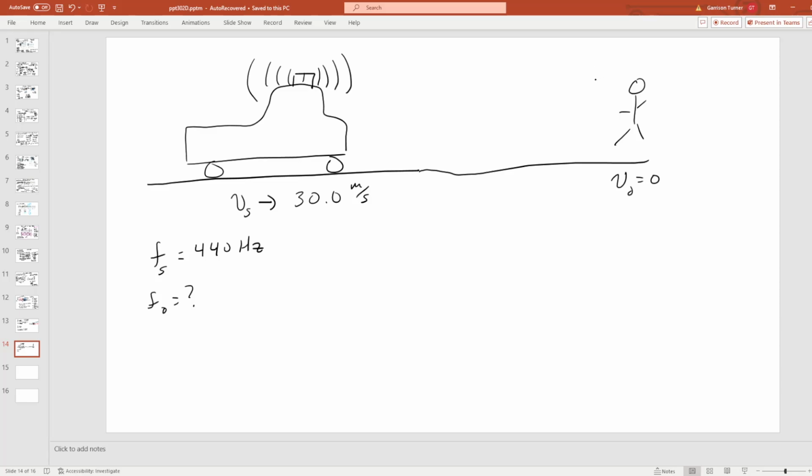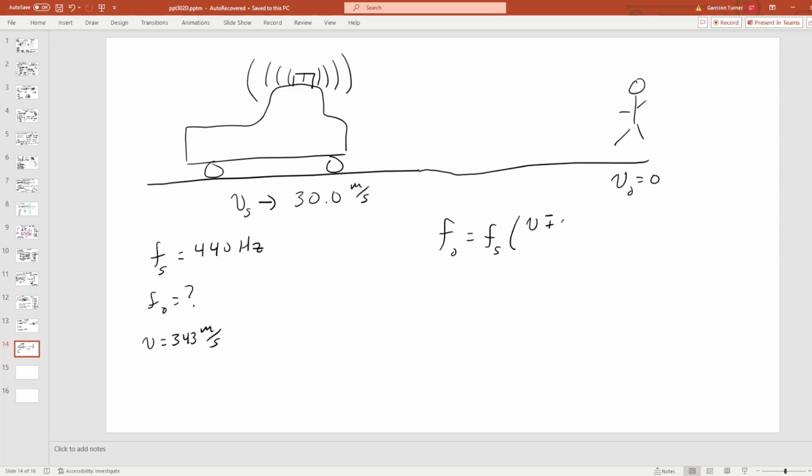Well, since the velocity of my observer is 0, if I go to my formula, and by the way, we're going to assume that the speed of sound in air is 343.